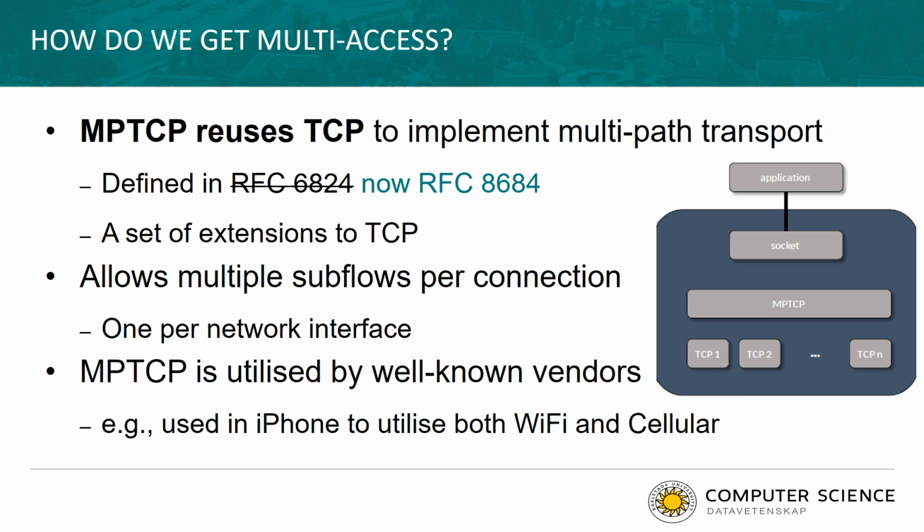And typically you may have one subflow, or use one underlying TCP connection, per network interface. And MPTCP is today being used in commercial applications and by well-known vendors. So if you, for instance, have an iPhone, you have MPTCP support and maybe you are not aware of it, but if you use a service like Siri, you will have this supported over multiple interfaces, over both Wi-Fi and cellular.